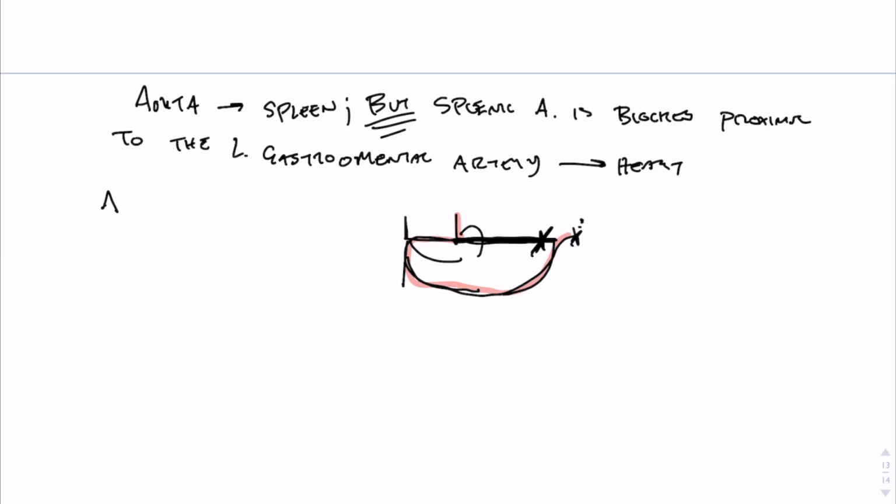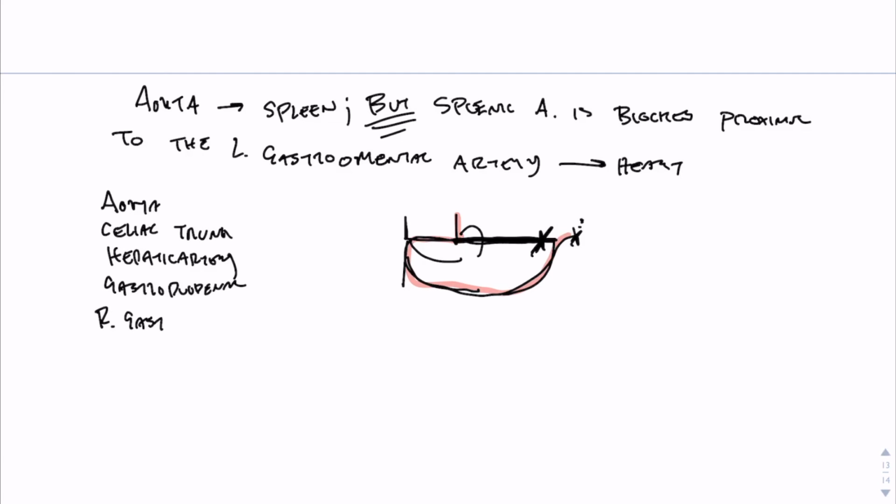So to write that out, aorta, celiac trunk. Now we're going to go to the hepatic artery. The hepatic artery sends off the gastroduodenal, which sends off the right gastro-omental. So we're down right here.